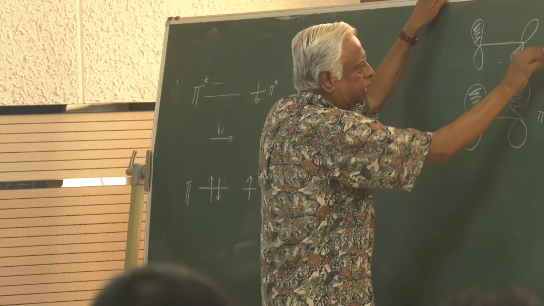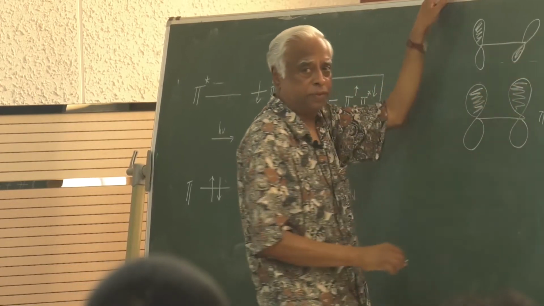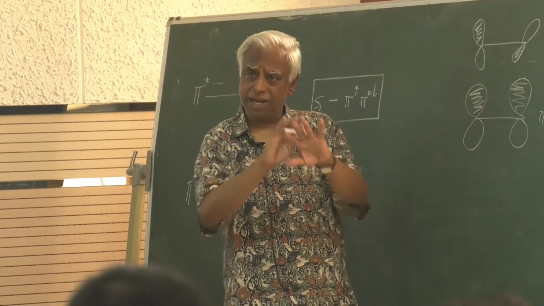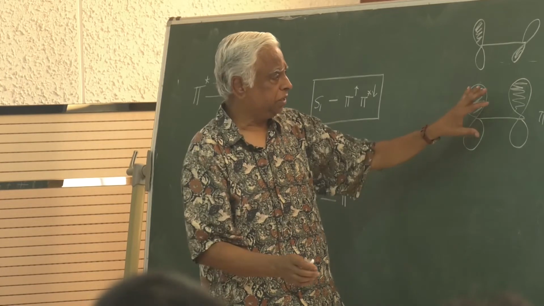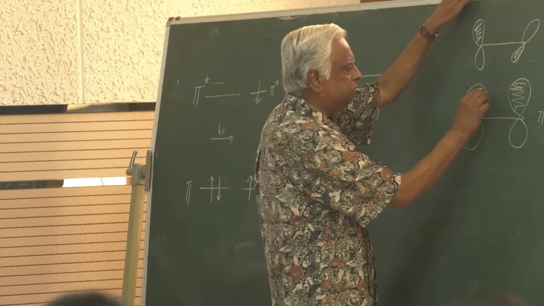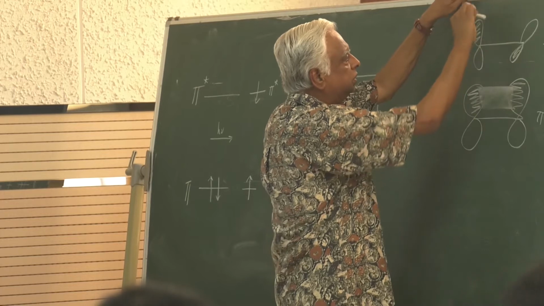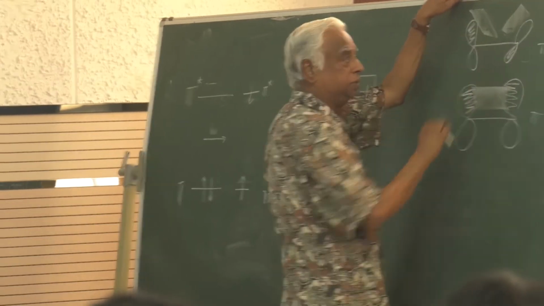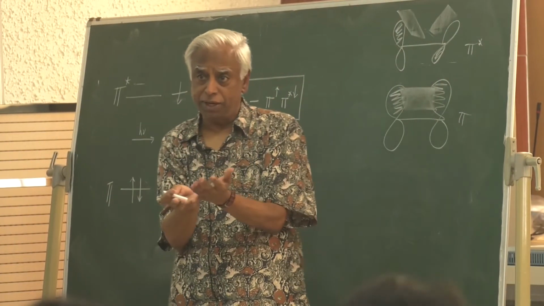This is the pi and this is pi star. But they are in exactly the same area, except that in this case the two electrons are overlapping. In this case, they are staying separate. So they are in the same space.